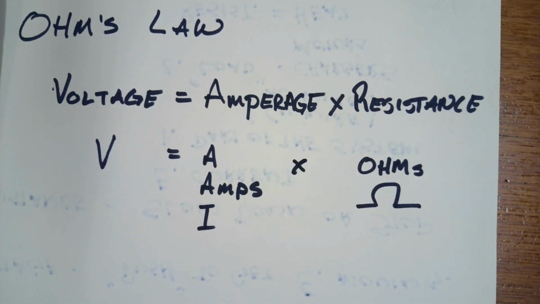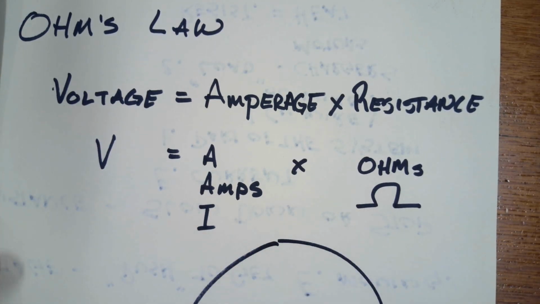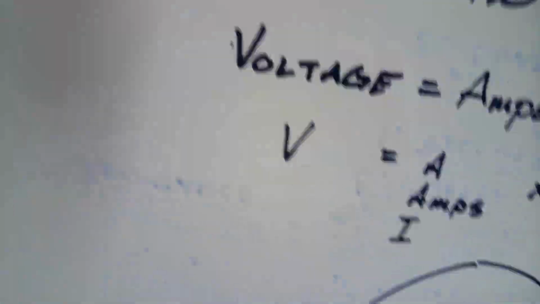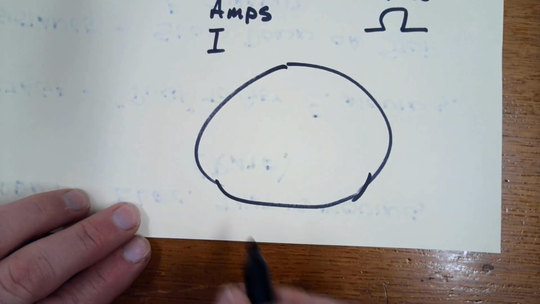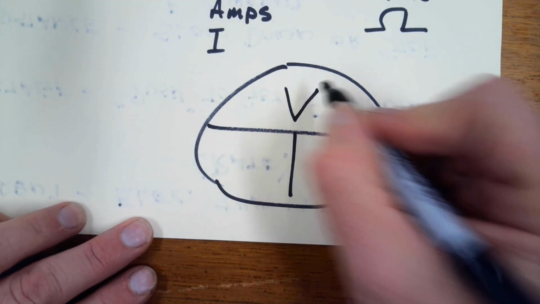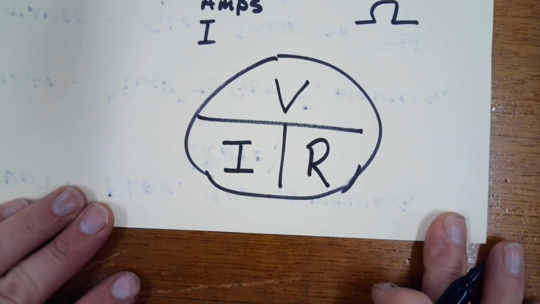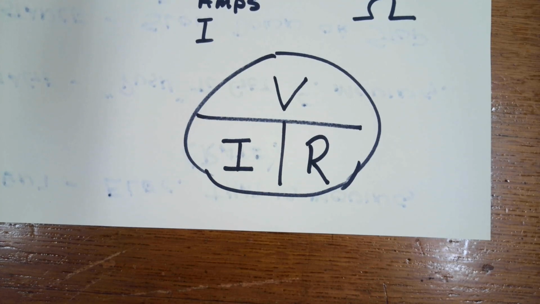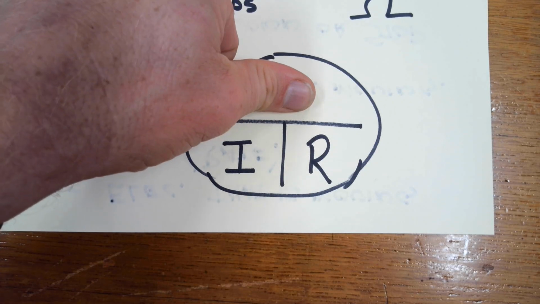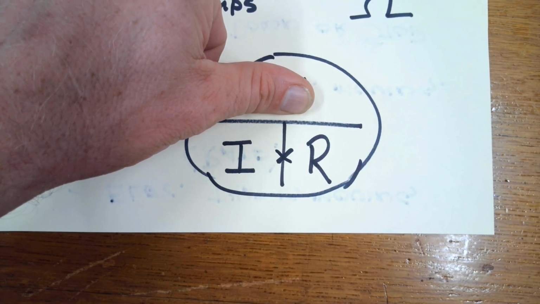Okay. Amperage times resistance equals the voltage. Well, if we know that that's our arrangement, then if I have two, I can figure out the other. This is the setup that makes it work the easiest. If you draw that out, and if I need to know the voltage in a circuit, I cover up the V, and then it's amperage times resistance.